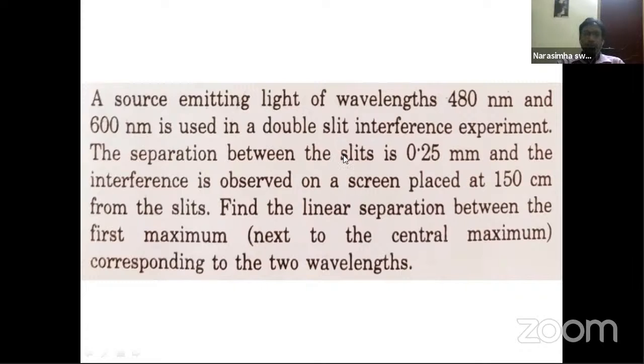The separation between the two slits is the small d value, these two are the lambda values, and the screen is placed at 150 centimeters, that is the capital D value.